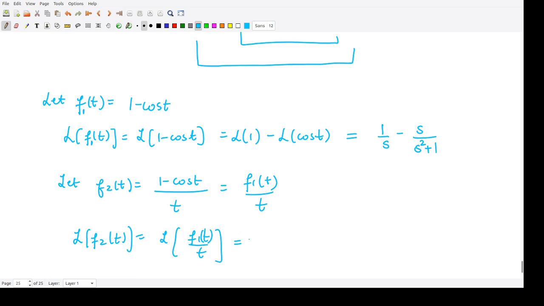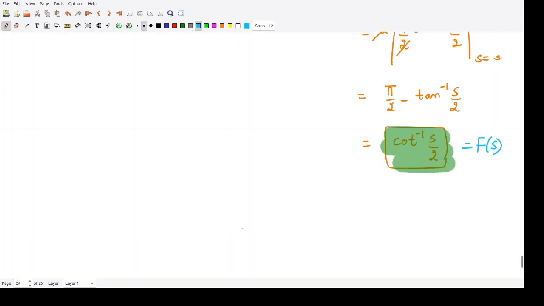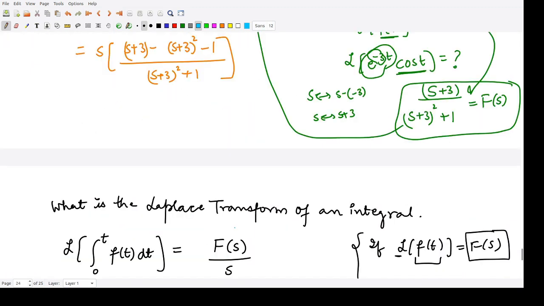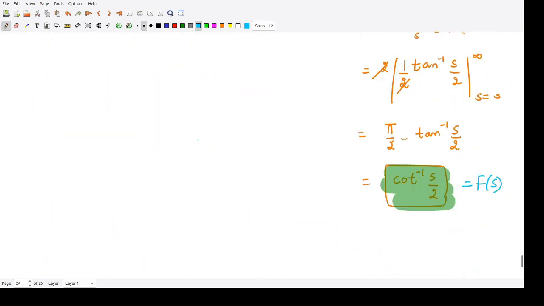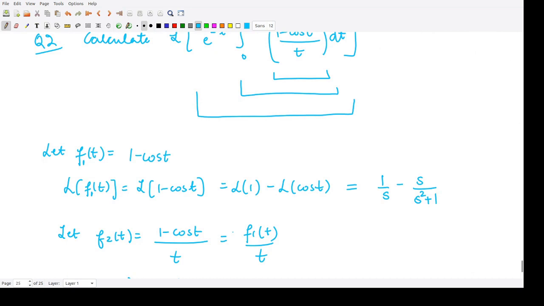So when we divide by t, if you see the formulas, we have this formula of integration. So we have to perform this integration. So let's have a look. What is this? This is nothing but the integration from s to infinity of the Laplace transform of f1t ds.